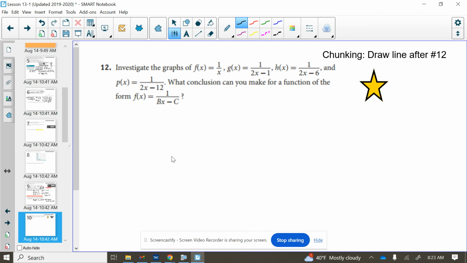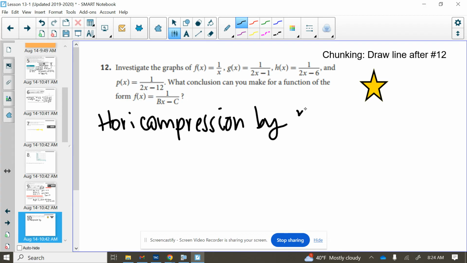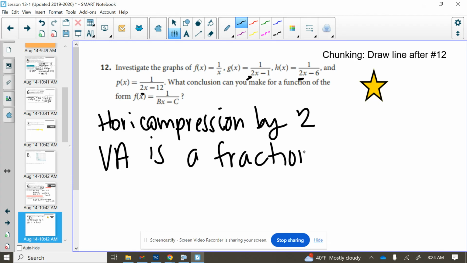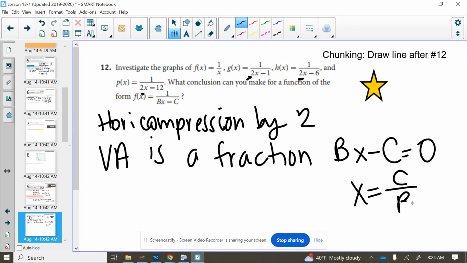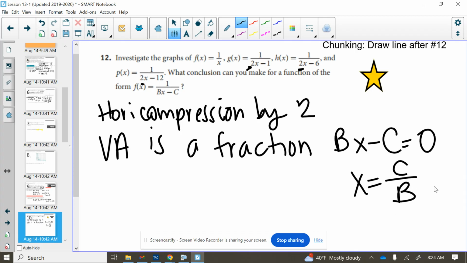So even though this time each of these graphs have a horizontal compression by 2, influenced by this 2 piece in front of here, the vertical asymptote is a fraction that's basically comprised when we set bx minus c equal to 0. So essentially each time our vertical asymptote is moving over there. So even though right here we move to the right 1/2, here we move to the right 3, because when we solve that little equation, that'll show us that little solution to where it moved.